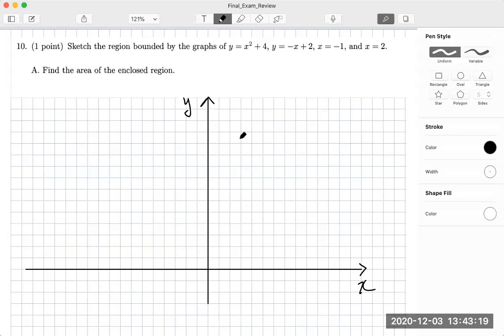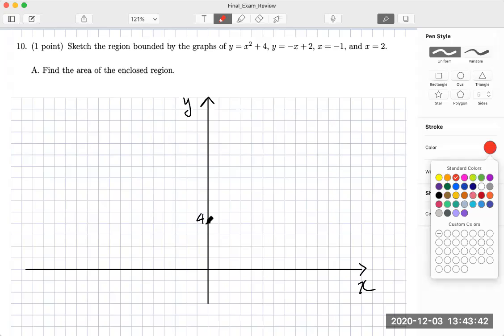At x equal to 0, the y-intercept will be 4.